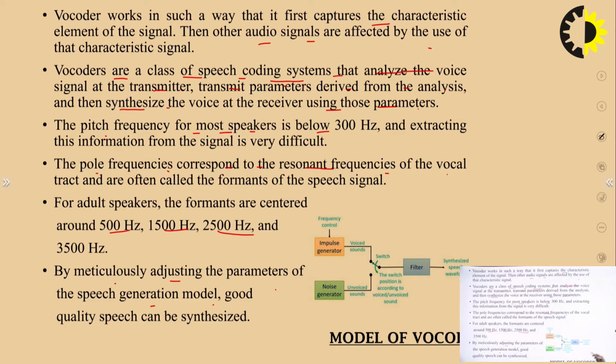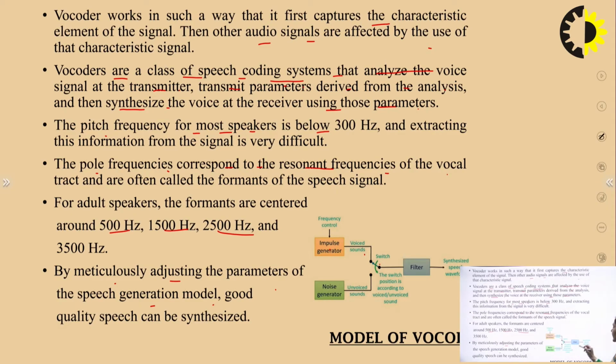Now you can see here is the small block diagram of the vocoder. We have one impulse generator and one noise generator. In the next slides we will discuss that our voice signal consists of two types of signals, one is voiced and another is unvoiced. There is a switch that will switch between voiced and unvoiced sounds.